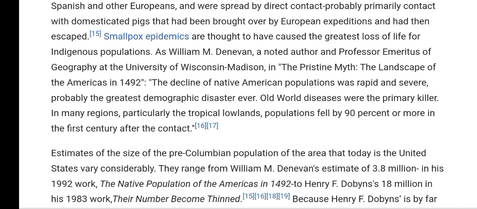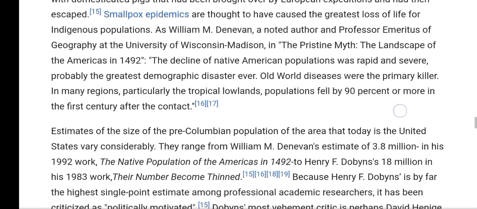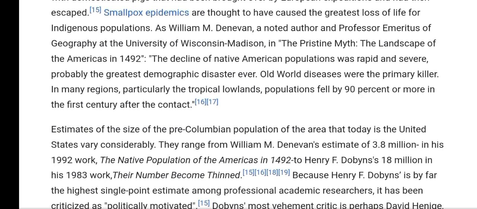Old World diseases were the primary killer in many regions; particularly in the tropical lowlands, the population fell by 90% or more in the first century after contact.